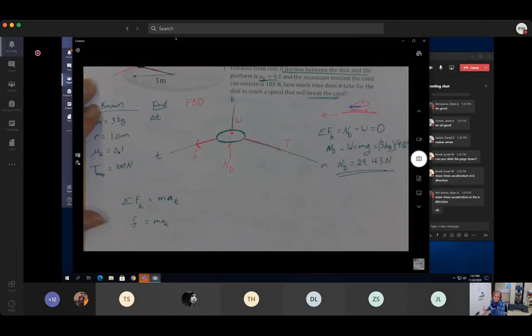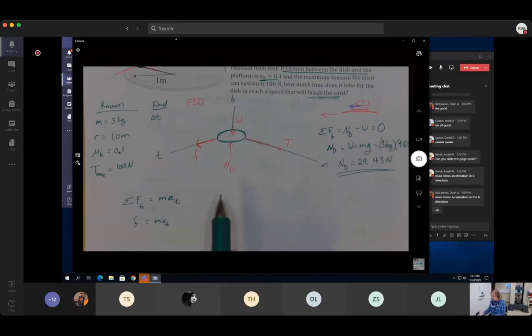If we had static friction, remember static friction can scale. Depending on where things were at, we might have scaling values, but since this is kinetic friction, we know it has to be mu sub k times N sub B equal to our mass times acceleration. So our coefficient of friction was 0.1 times N sub B, and that'll be mass times tangential acceleration.